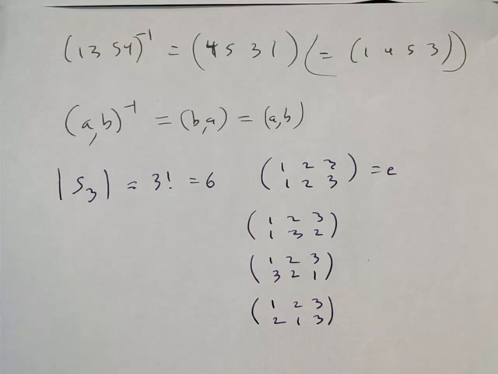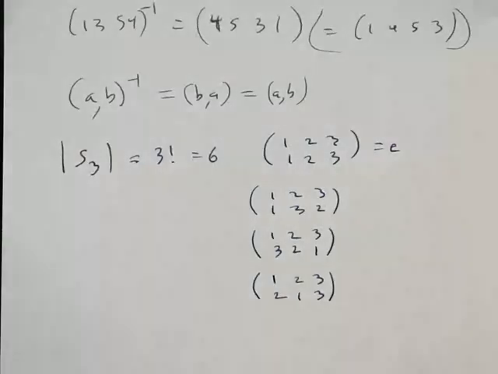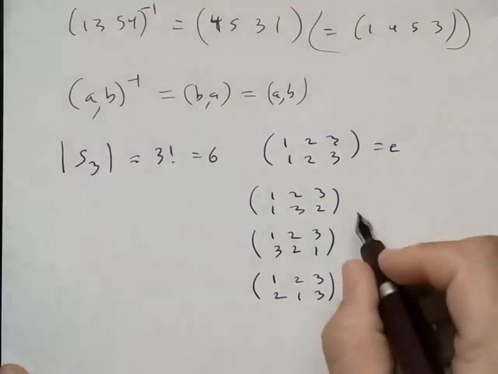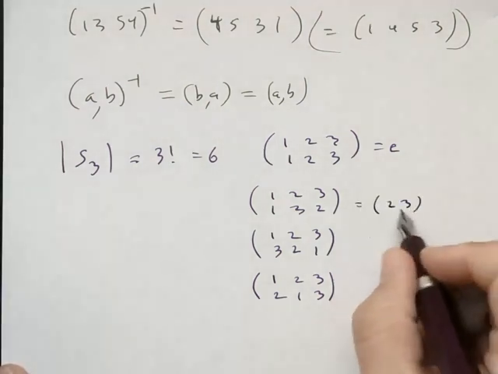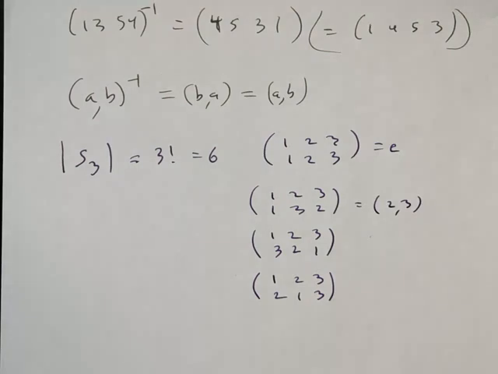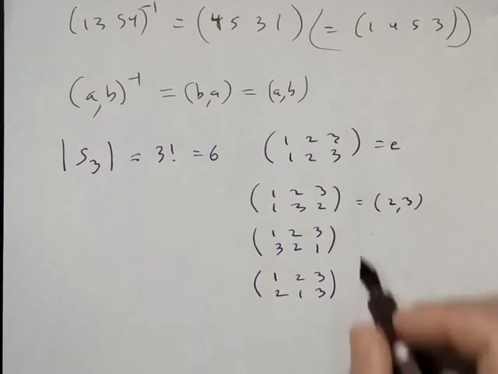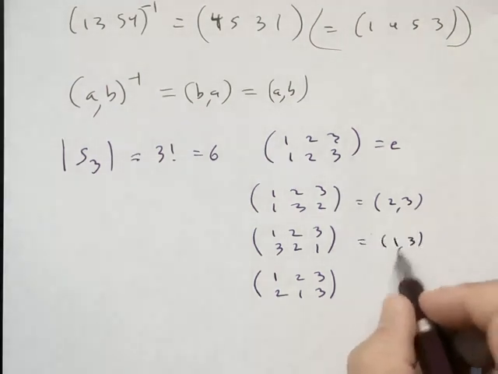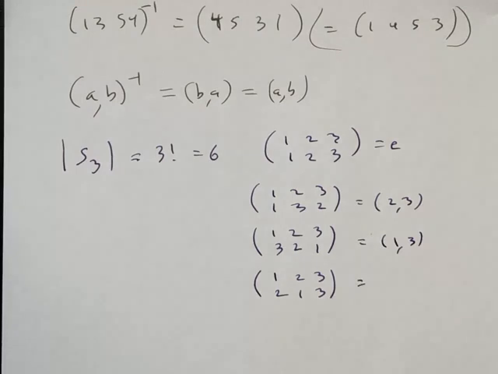Those are transpositions, aren't they? Notice that first one switches 2 and 3, but leaves 1 alone. So this in cycle notation is (2, 3). What's the next one? (1, 3). And the one after that?